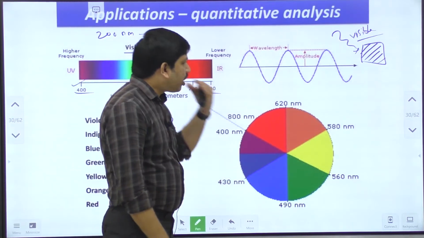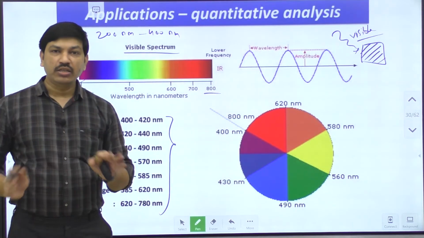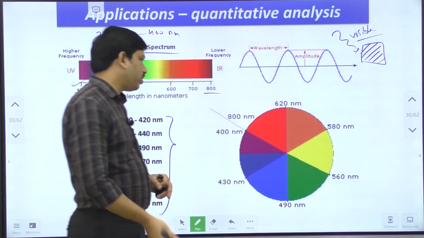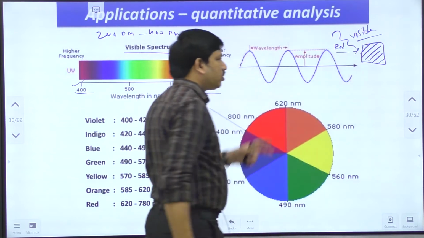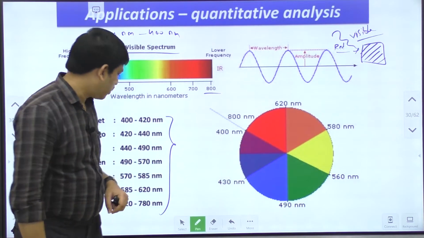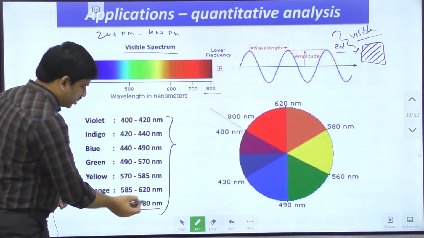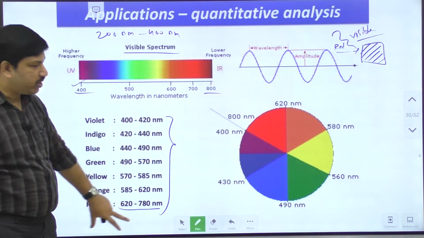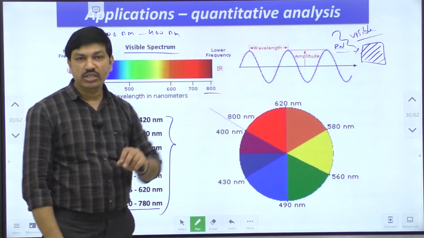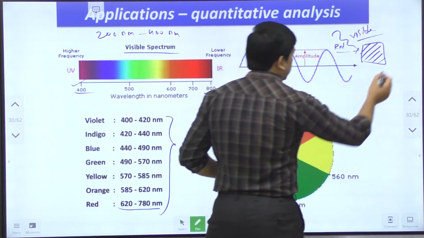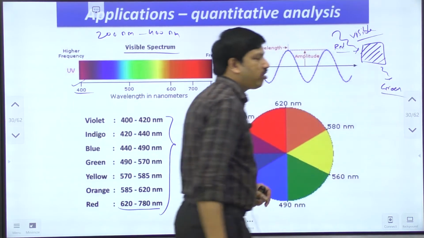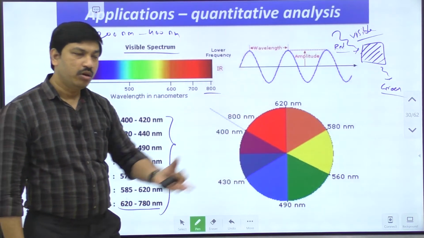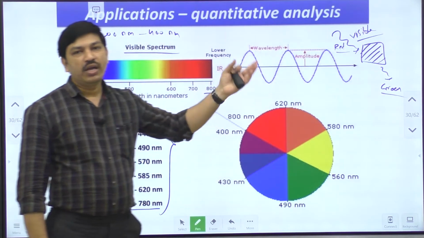But whatever color is absorbed, we do not see that color. For example, let us say this compound absorbs red color. What is the meaning of red color? 620 to 780 nanometers. If this compound absorbs red color in this manner, the compound looks like a green color compound. We will see green color only, but actually that compound is absorbing red color.